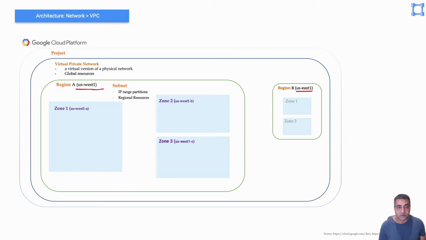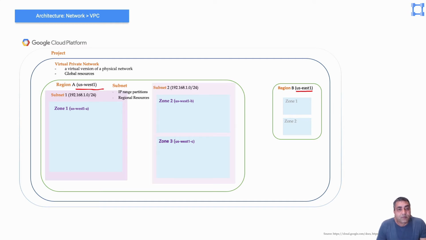They do not support broadcasting or multicasting or IPv6 traffic within the network. VMs in the VPC network can only send to IPv4 destinations and only receive traffic from IPv4 sources.